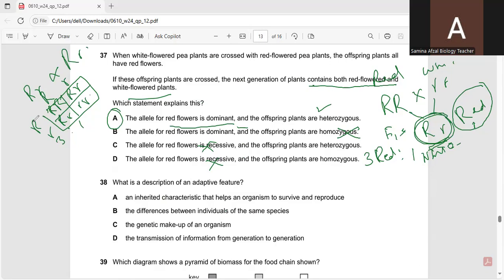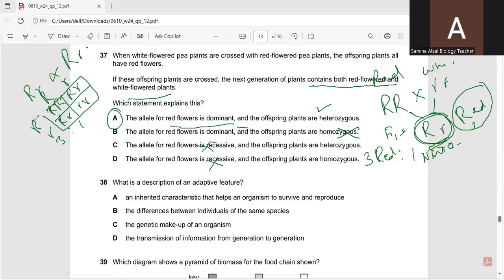Option A is an inherited characteristic that helps an organism to survive and reproduce. As a result of natural selection, an inherited characteristic that helps an organism to survive and reproduce. This definition perfectly aligns with the concept of an adaptive feature.